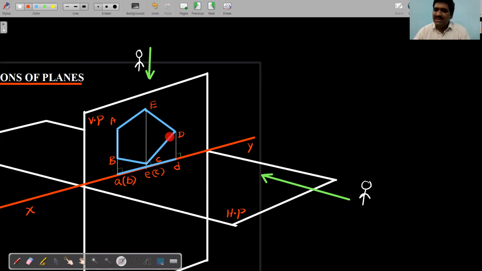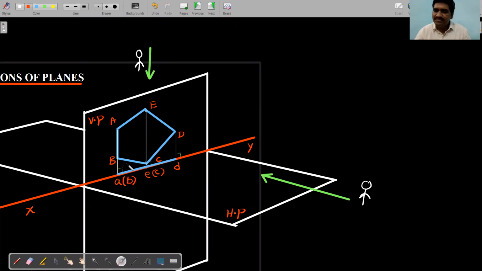Why is this invisible? To see this, this side comes in the way, since DC is below ED. Therefore, you cannot see this one because it is in between you and the body. Again I am repeating: ED is visible, but this DC is not visible. Why? Because here we have an object.